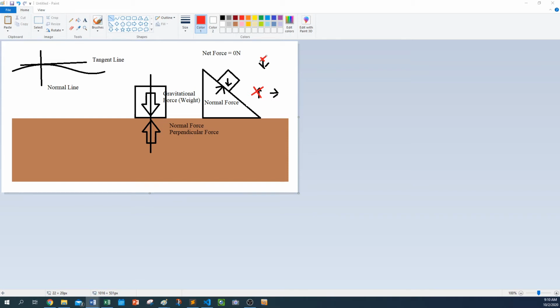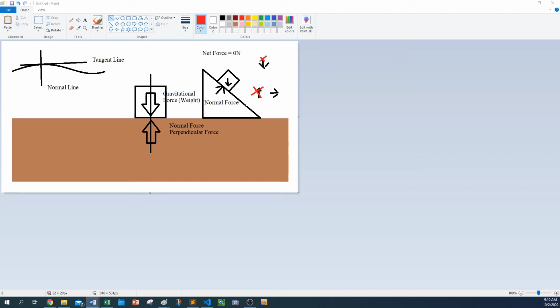Because it has more mass, it's going to be pulled downward more strongly. However, it also has more inertia, so it's going to resist changing its motion more than the feather. So the feather has a little force on it causing it to move down, but it doesn't resist too much, so it falls down at 9.8 meters per second squared.